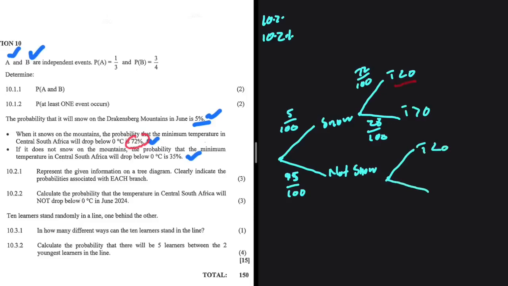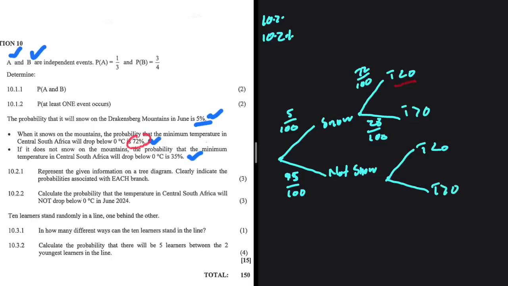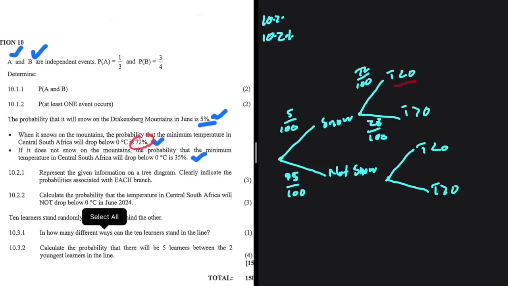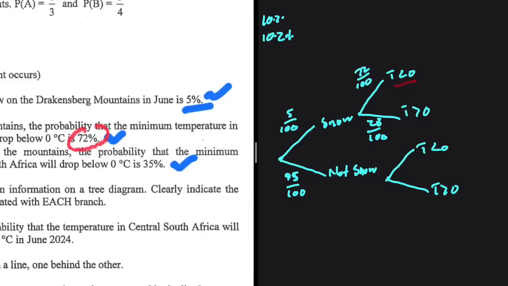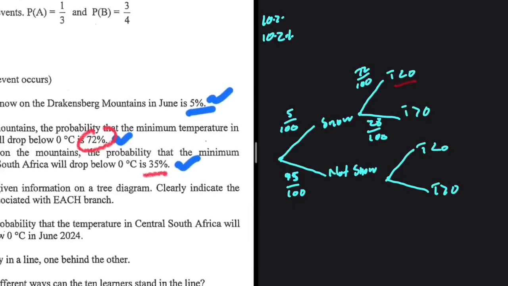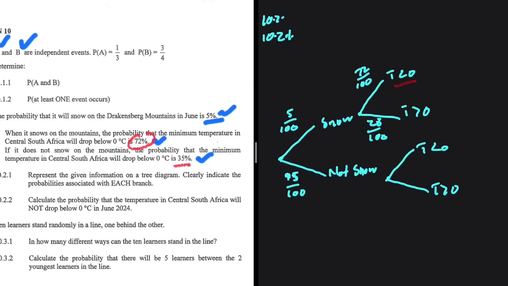So t less than 0, t greater than 0. Okay, so if it does not snow, what is the probability that the temperature will go below 0 degrees Celsius? It is given to us as 35%. So if it does not snow, there's a probability that the temperature will be less than 0, which is 35 divided by 100.